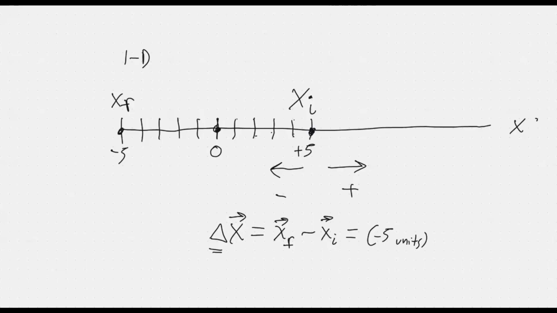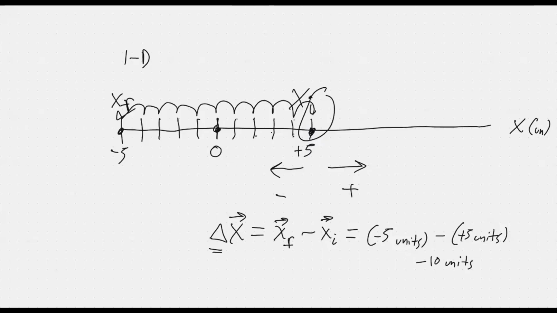Minus +5 units, and we would see that our displacement would be -10 units. And we can check this. Where did we start? Here. 1, 2, 3, 4, 5, 6, 7, 8, 9, 10. Indeed, we went 10 units to the left. So that's displacement in one dimension.